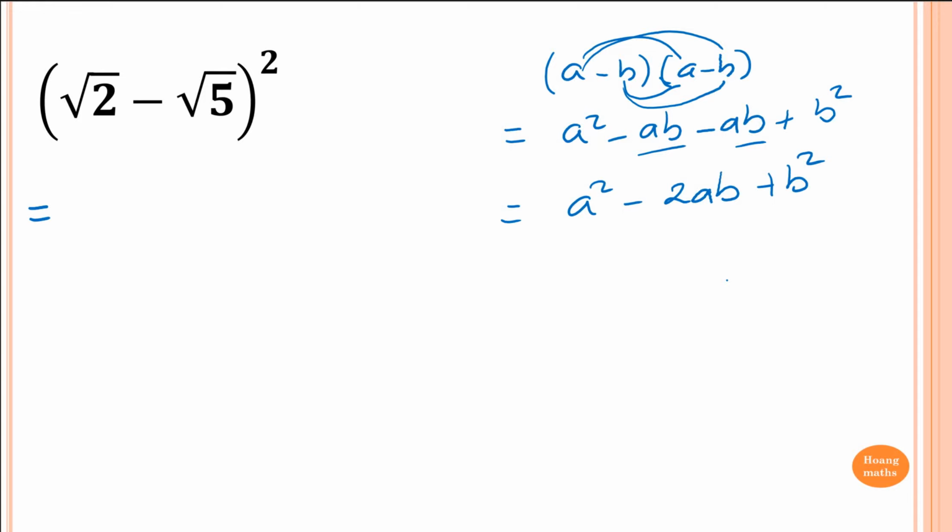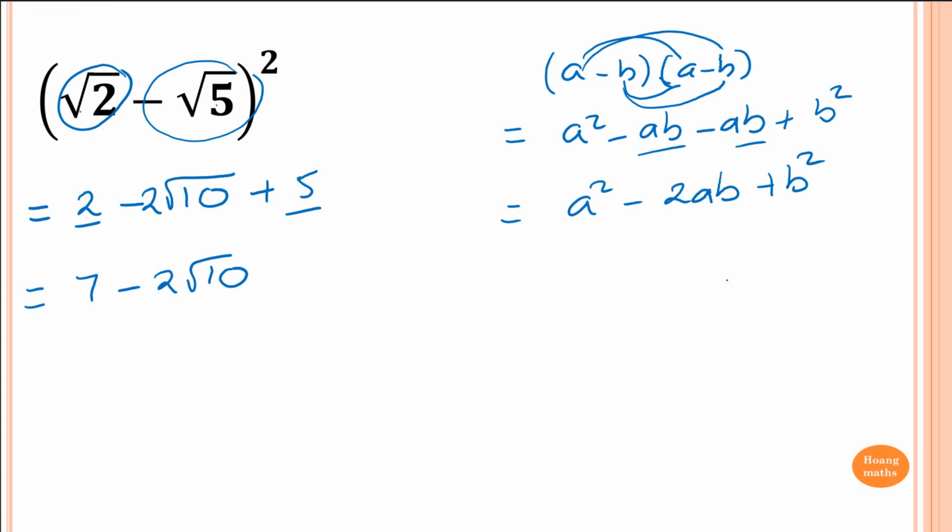So to do this, it's exactly the same thing. This one squared, which is 2, right? And then this times that gives negative, because positive times negative gives negative, right? So root 2 times root 5 is root 10, and of course you double. And then plus, because root 5 squared is 5. Then just simplify. 2 plus 5 is 7, so minus 2 root 10.